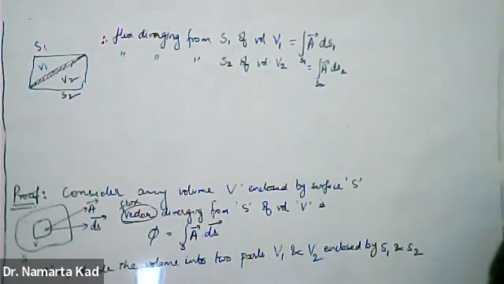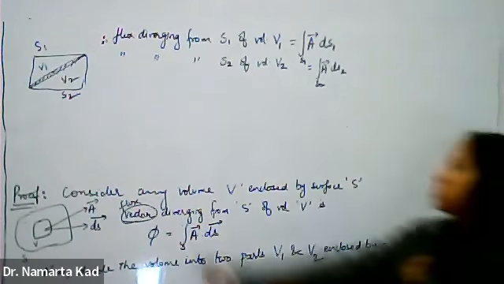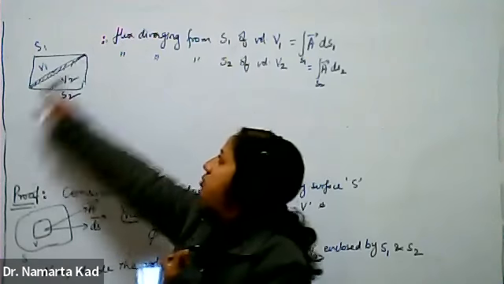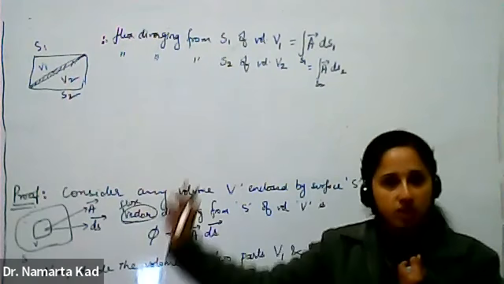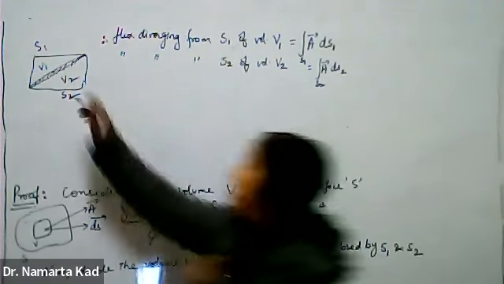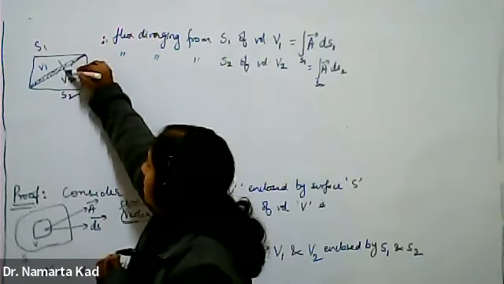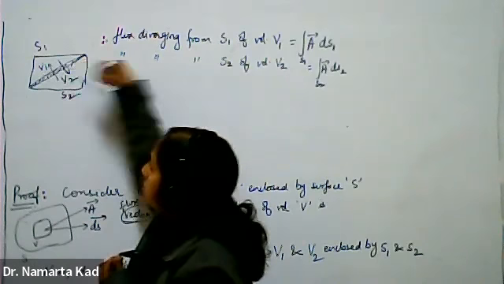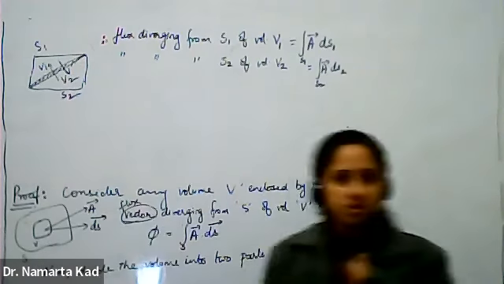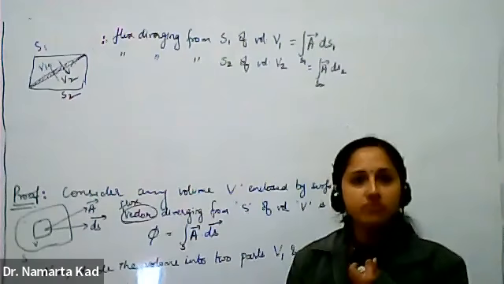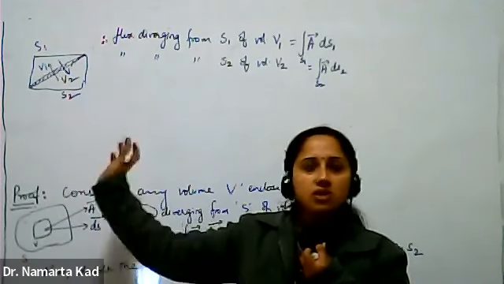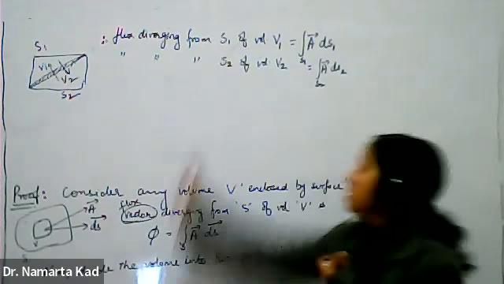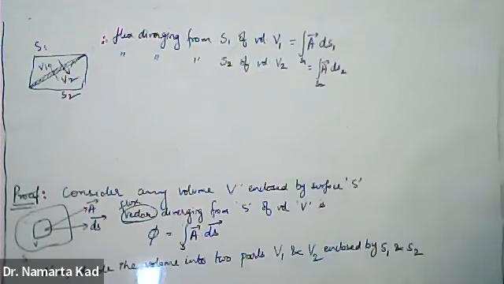And here you have seen that the shaded portion is common between V1 and V2. So the flux diverging from here and from here cancel out each other. So we do not consider the flux diverging on this shaded portion, because both these fluxes cancel out each other, so we simply write down in these two steps.